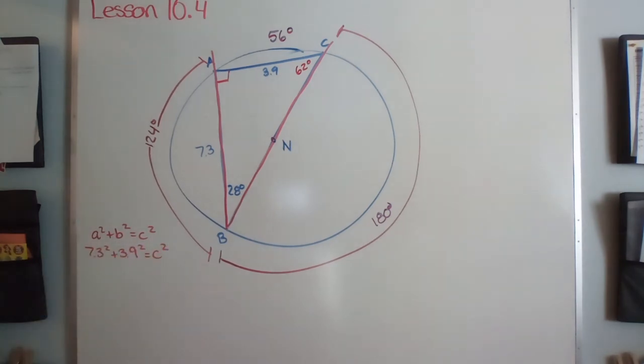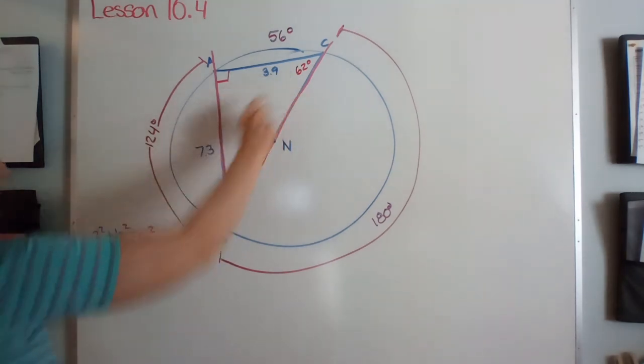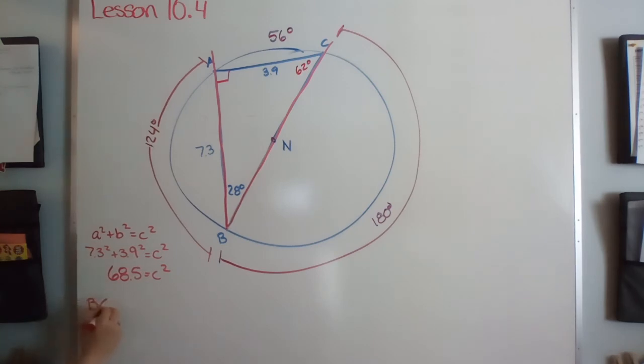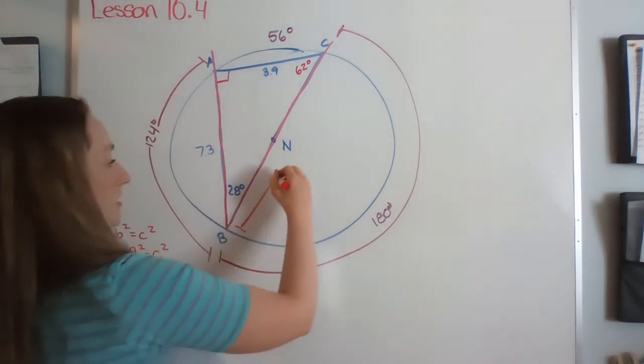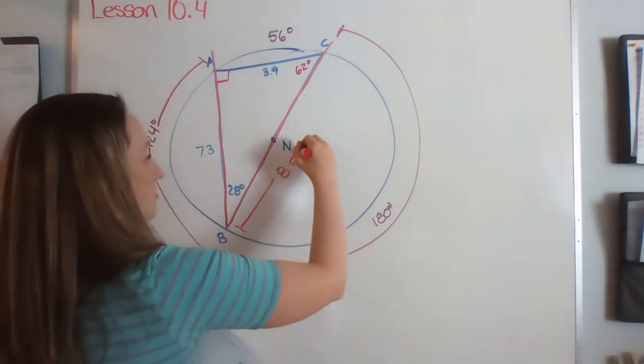So you're going to have 68.5 when you square and add is equal to c squared. So the length of BC, you would take the square root of both sides, is approximately 8.276. Okay, that's this length here.